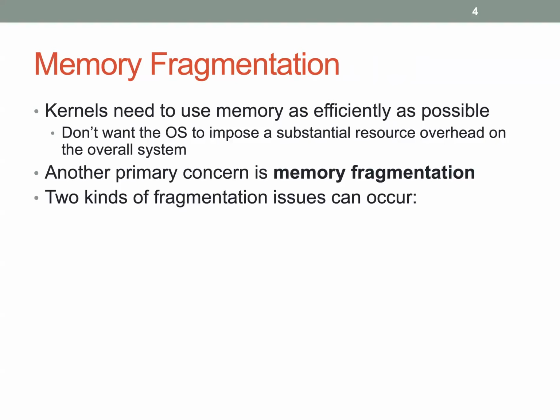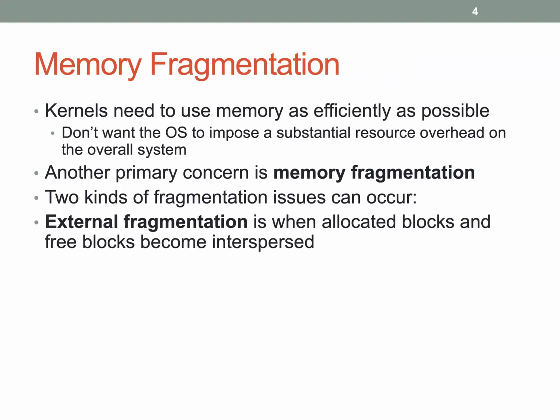So there's two kinds of fragmentation that can occur, and this is from the perspective of the allocator itself. So is it external to the allocator or is it internal to the allocator? That's the easy way of keeping these distinctions in mind. External fragmentation is due to the behavior of programs making allocation requests.